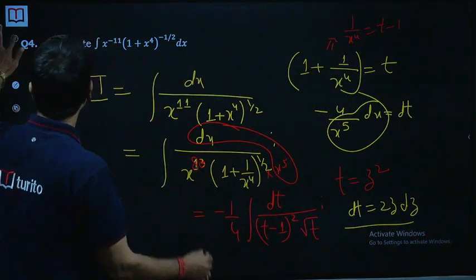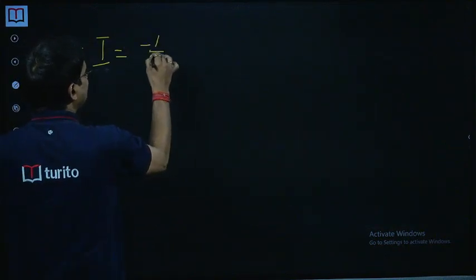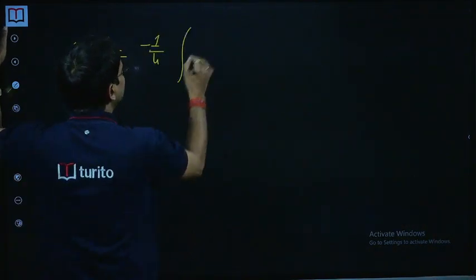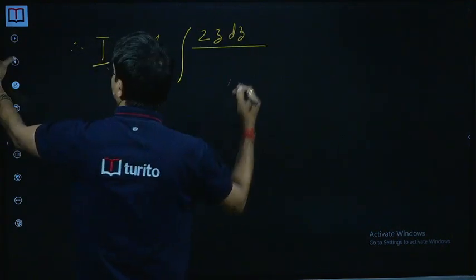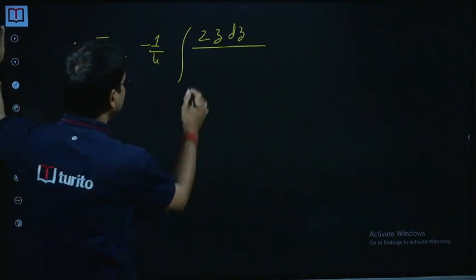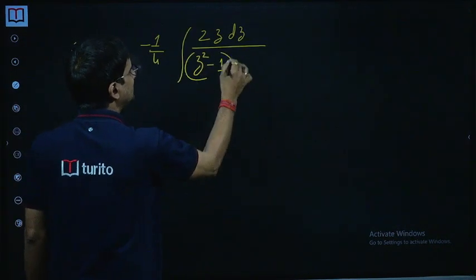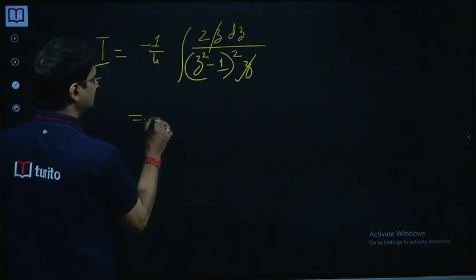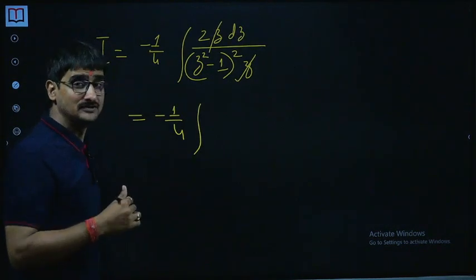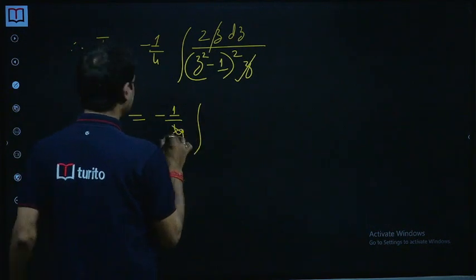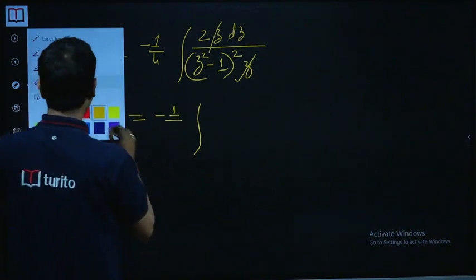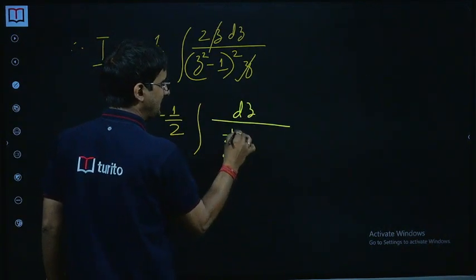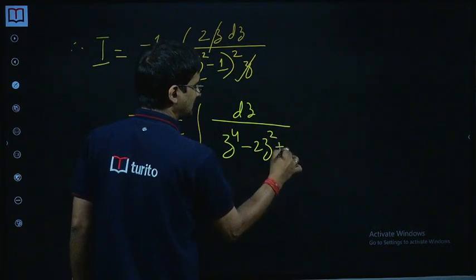So what do we get? We have minus 1 by 4, and then dt is 2z dz, so 2z dz upon t minus 1, t is z square minus 1 whole square, and then z and z is gone. Okay, now you can easily do it. So minus 1 by 4, and as we already know, it's minus 1 by 2 here, so minus half here, and then it's the perfect biquadratic here.